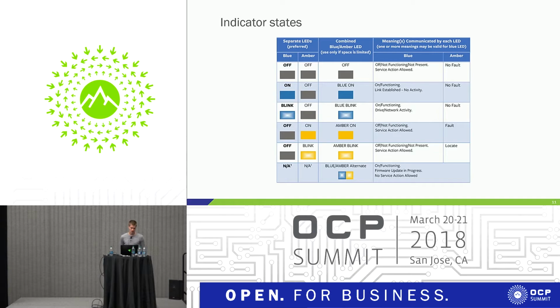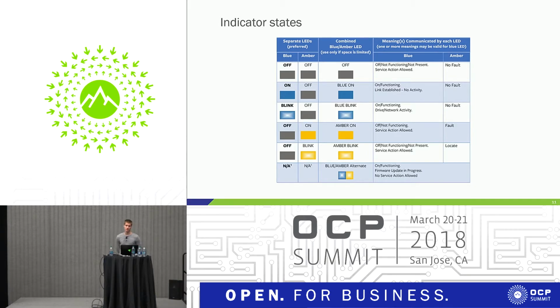The very last item on this table is a special case that we decided we wanted to include here, and that's for a blue-amber flashing on and off. This indicates a firmware update is in progress, and it does require a combined blue and amber bicolor LED.